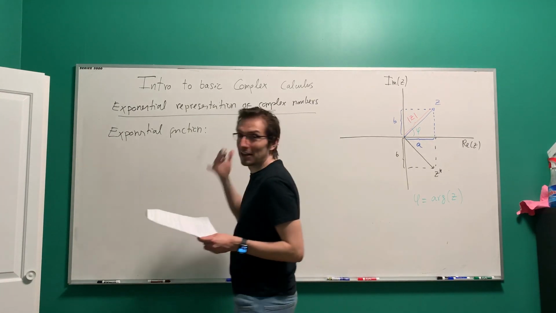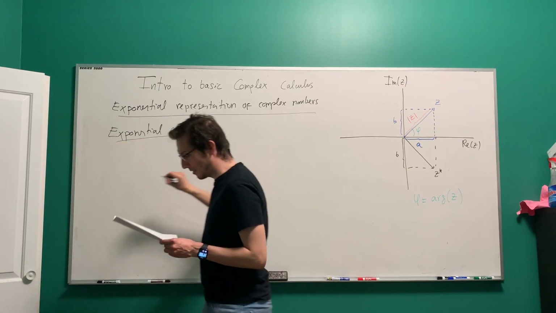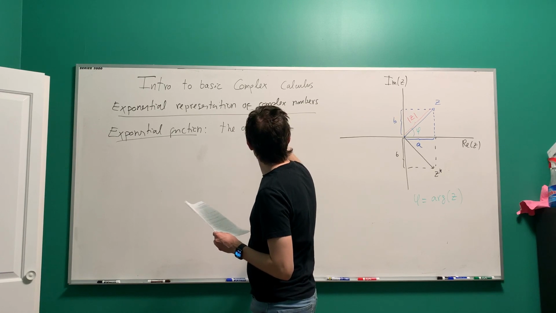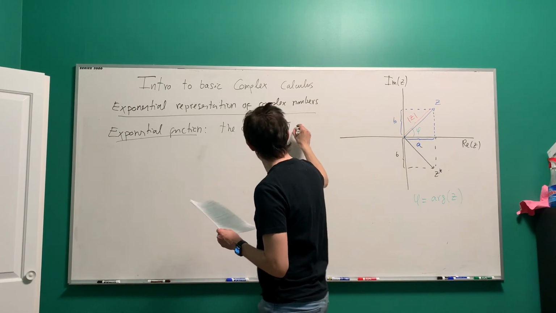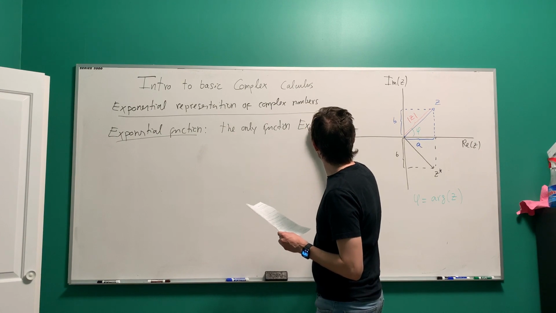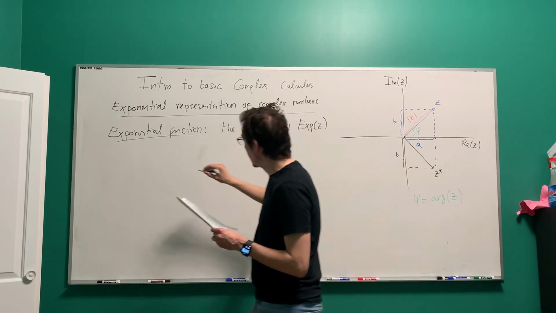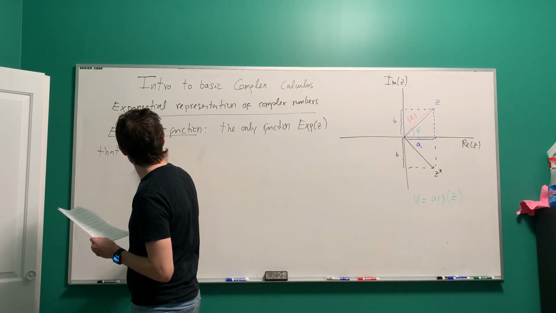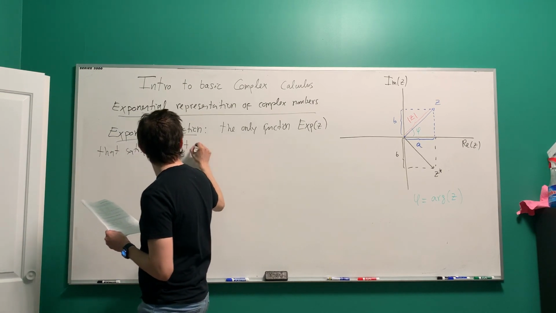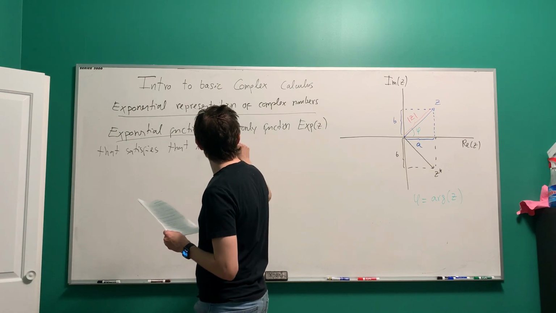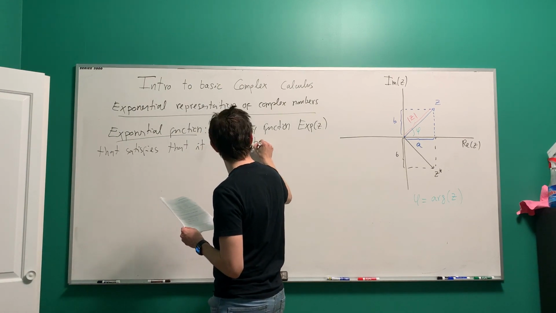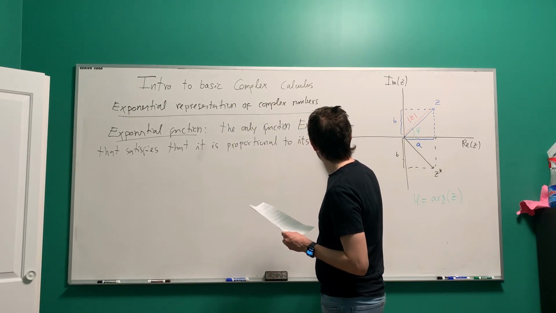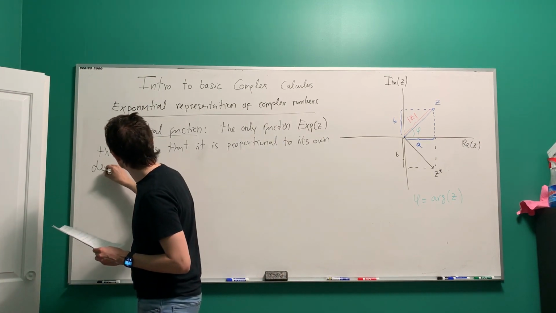The definition of an exponential function that I'm going to give you is the only function that we're going to call exp of z that satisfies that it is proportional to its own derivative.